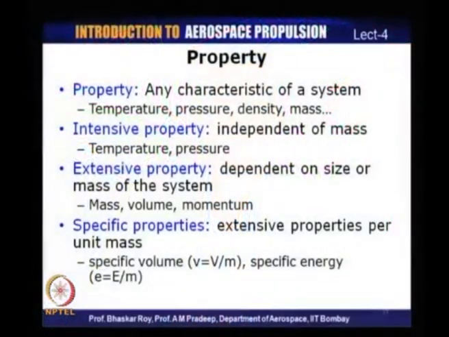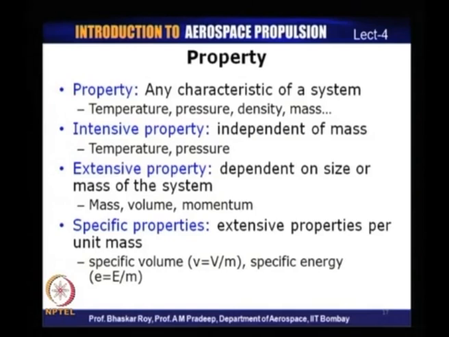Now, we have understood how we can define a particular system. Each engineering system requires to be defined in terms of its boundaries and its surroundings. And now, how do you characterize this particular system? A property refers to any particular characteristic of a system.